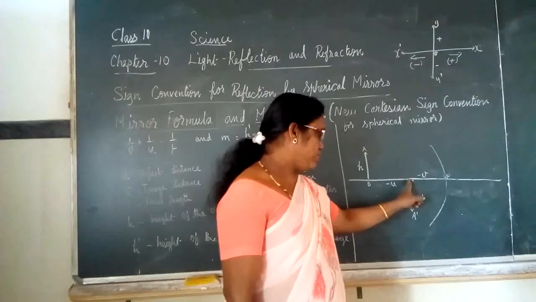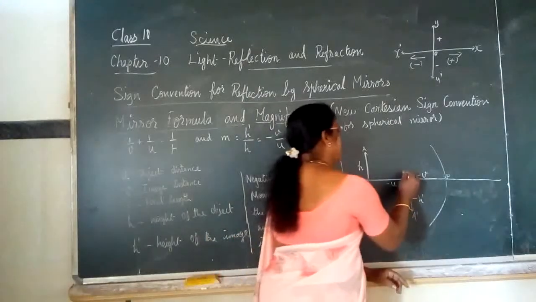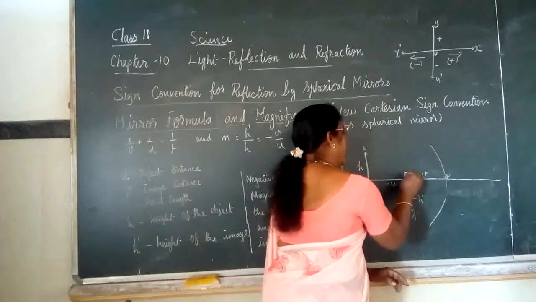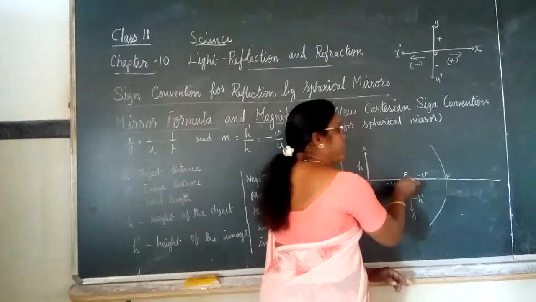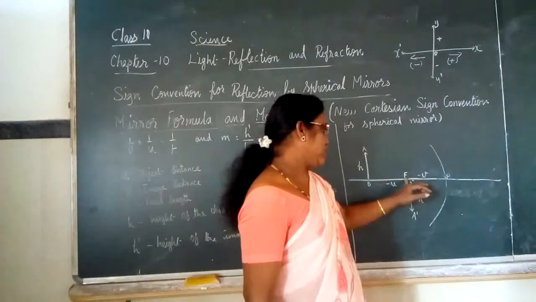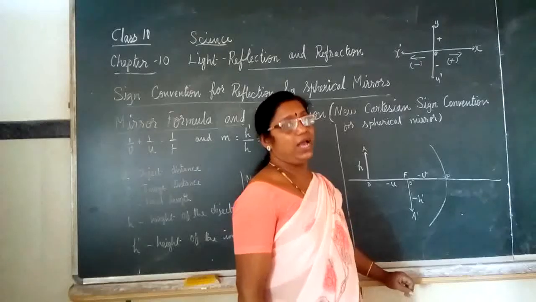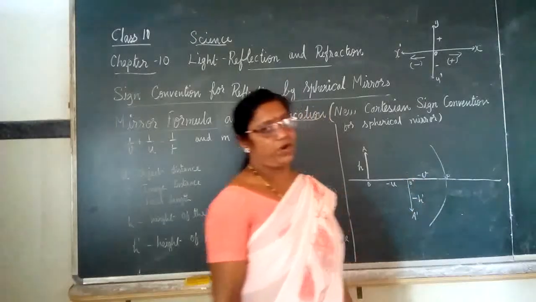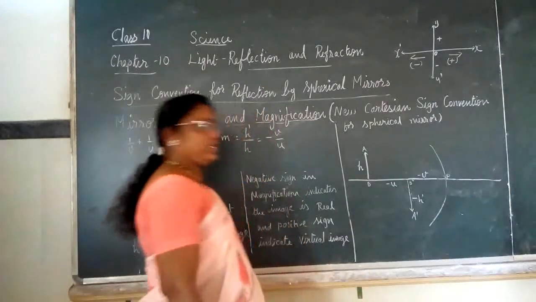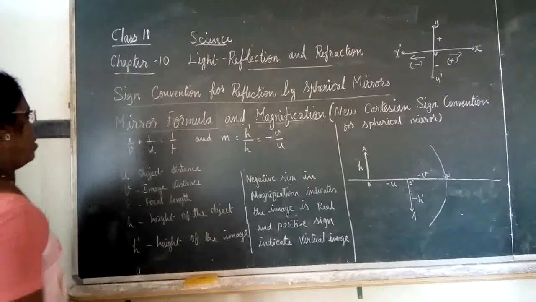So this is the point where you get the image, this is the focus. And the distance between the pole and the principal focus is called as what? It is the focal length, and it is different for different mirrors based on their center of curvature.